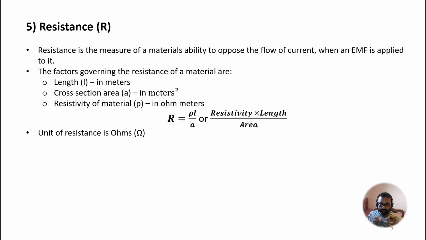So resistance in terms of an electrical circuit is the measure of a material's ability to oppose the flow of current, right? So resistance is the measure of a material's ability to oppose the flow of current when an EMF is applied. Again, all these small little things added at the end are quite important.